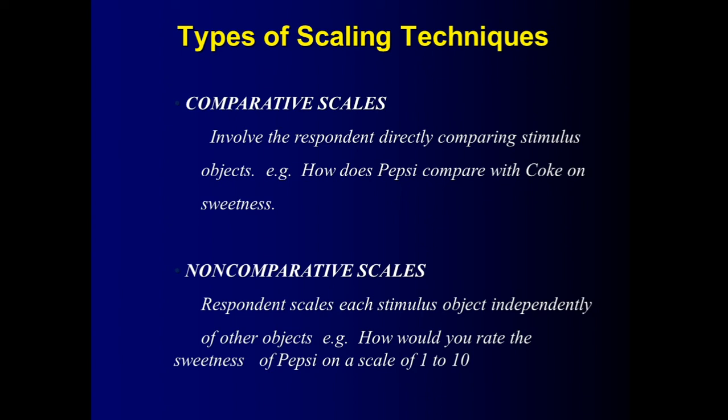We have examples there. When you want to compare, you are asking people to compare Pepsi and Coke on taste or sweetness. So you are measuring sweetness, you are asking how Pepsi compares with Coke on taste called sweetness. So people give comparative answers. Pepsi is less sweet than Coke.